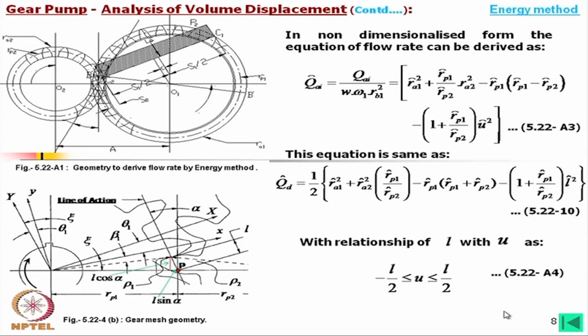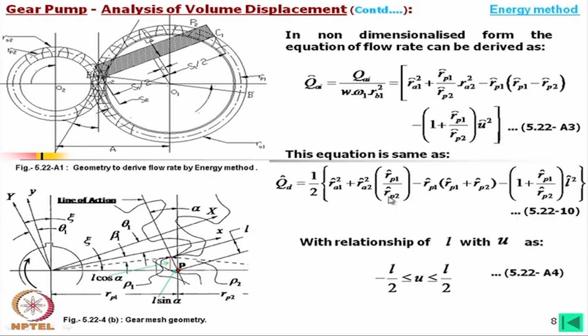Or in other words, if we would like to find the numerical solutions for the flow, then whether we use this equation or this equation, we will arrive at the same result. However, for the closed form solution, we consider this equation 10 and we are trying to find out whether this can be solved.